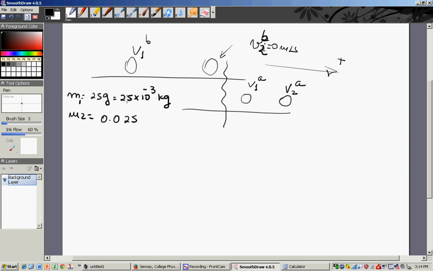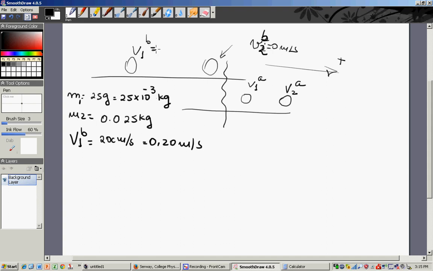And the first ball moves with a velocity v1 before. Make sure you write the symbols correctly, 20 centimeters per second, and that is pretty much 0.20 meters per second.